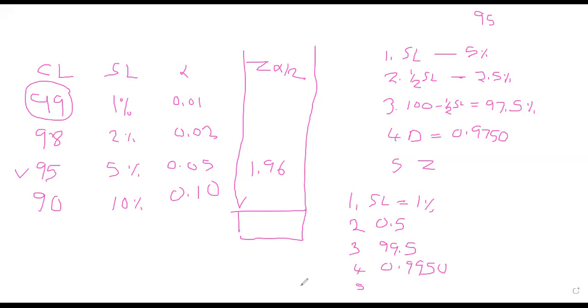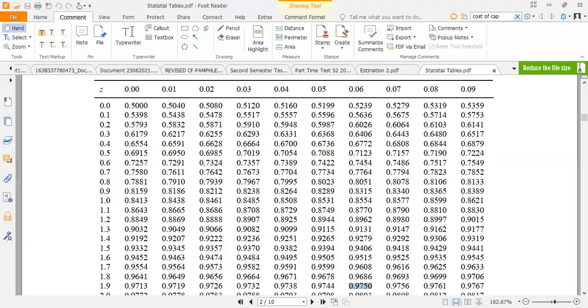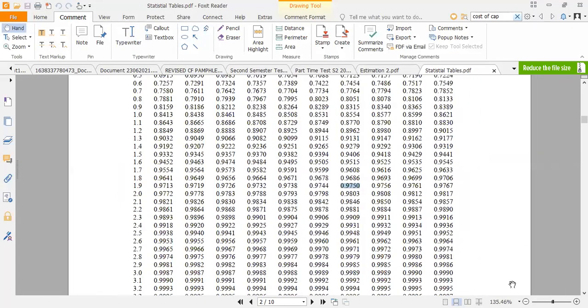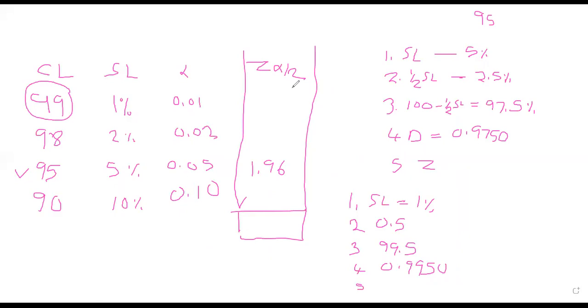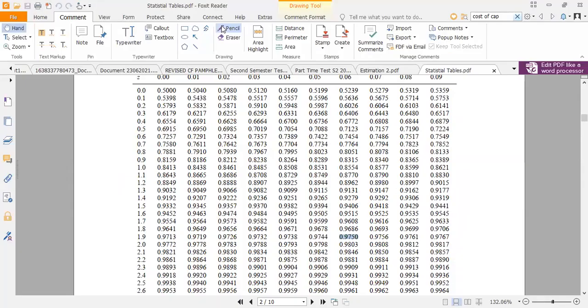If we don't find the exact, we find the closest possible. What do we get? I've seen 0.9955 and 0.9950. If you don't find the exact one, you find the closest possible.